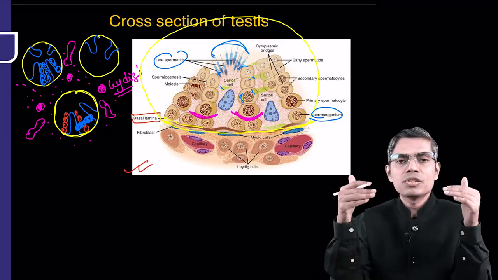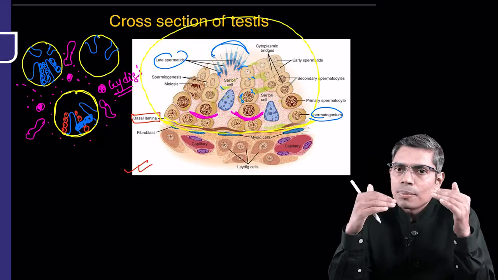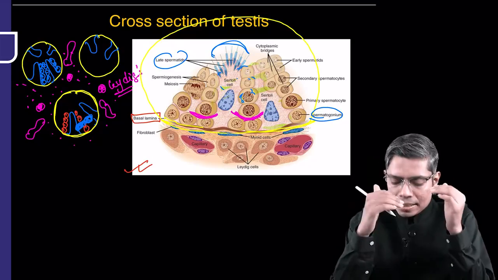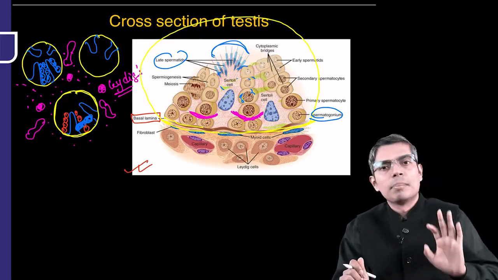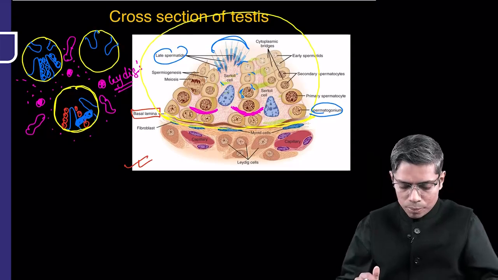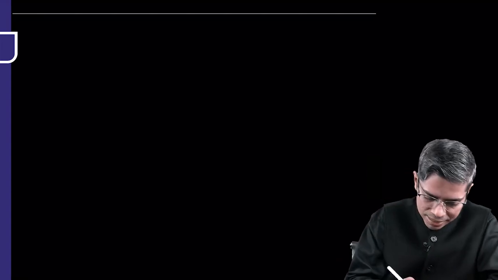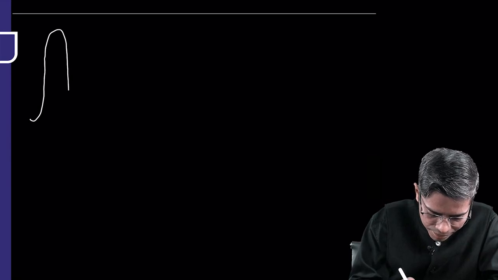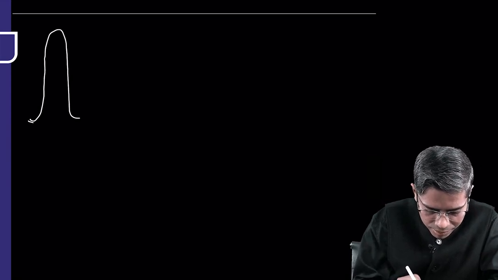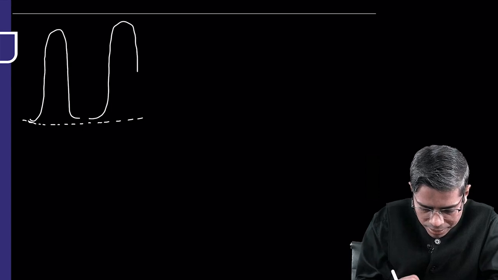Whenever these two Sertoli cells are connected with one another, it forms a barrier, and this barrier is known as the blood-testis barrier. How this barrier is formed, we are going to understand in a little more detail. So look at my diagram, the simplified diagram. This is one Sertoli cell, right? This is your basal lamina, right? And this is another Sertoli cell.